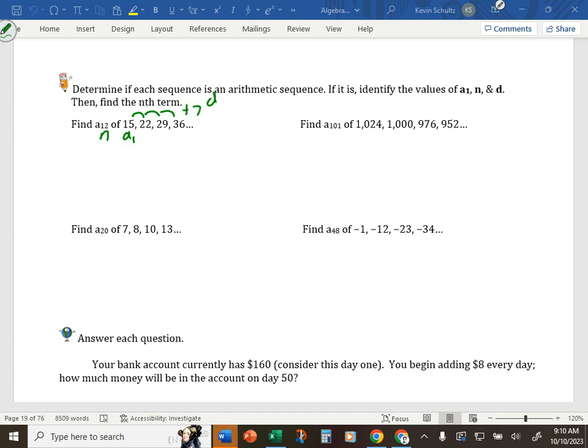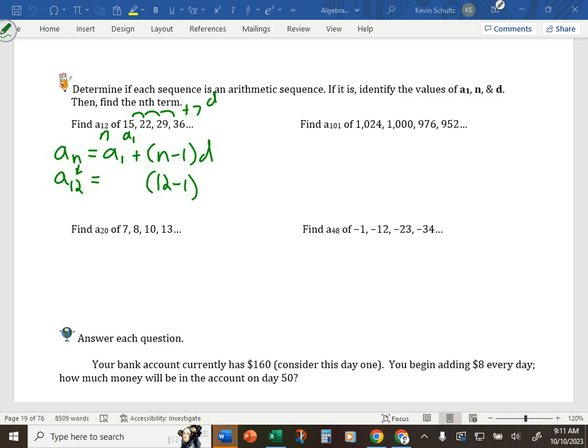That's my D, right? So now plugging all those things into the formula, AN equals A1 plus N minus 1 times D, or A12, that's the 12th term. And notice I replaced N with a 12 here.